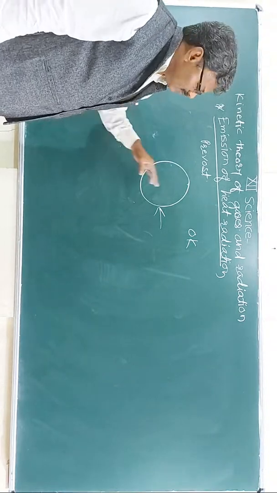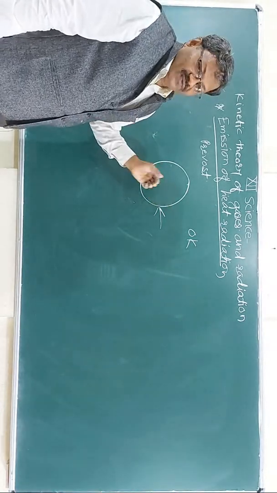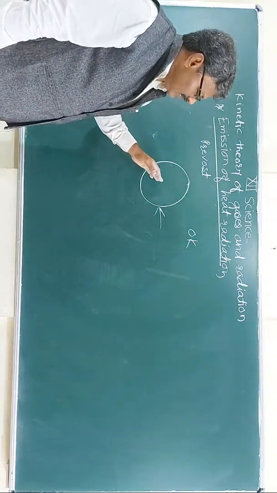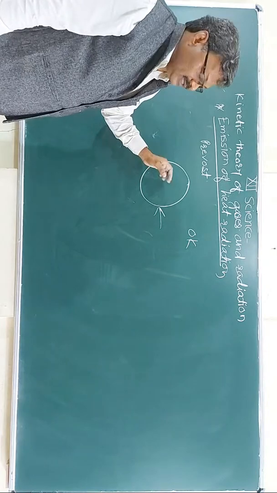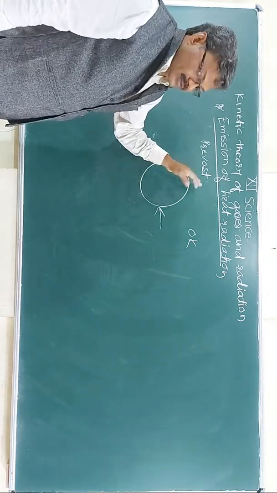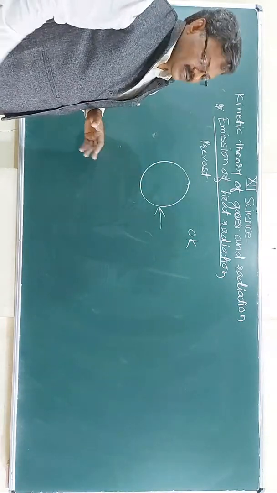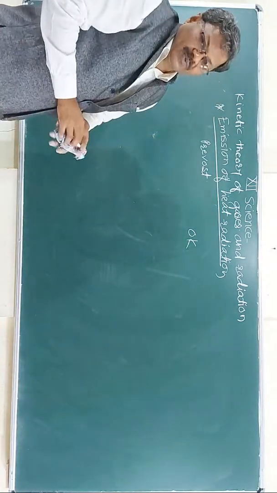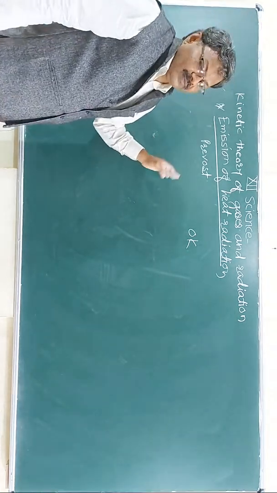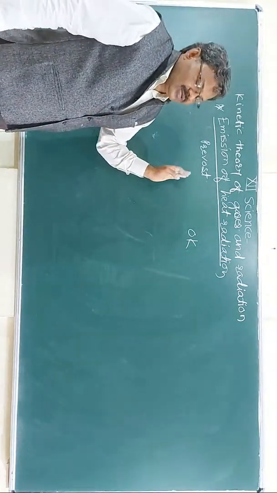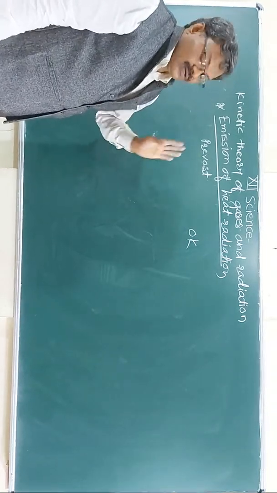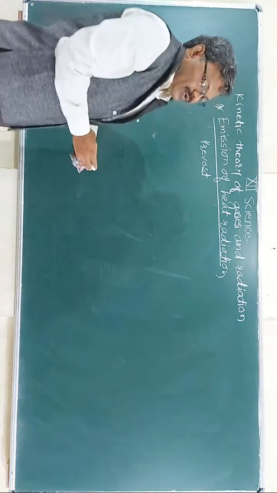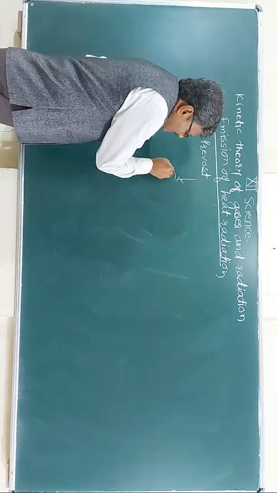Also, it depends upon the time for which this energy is emitted by the body, and on the nature of the surface. Means this thermal energy radiated depends upon the temperature, the time, and the nature of the surface.